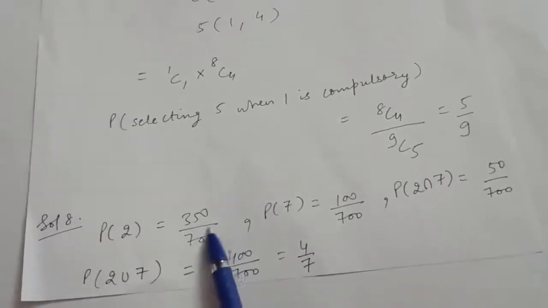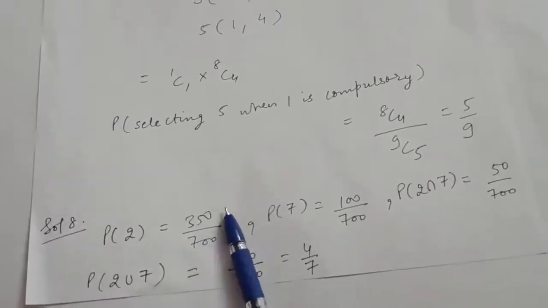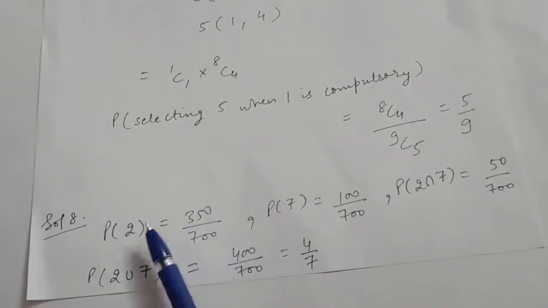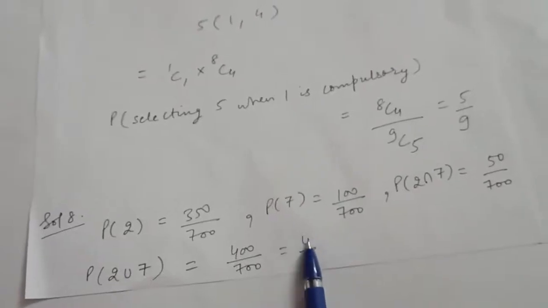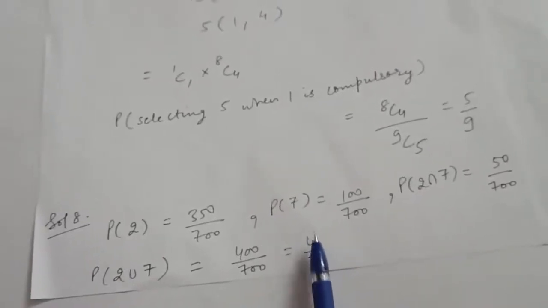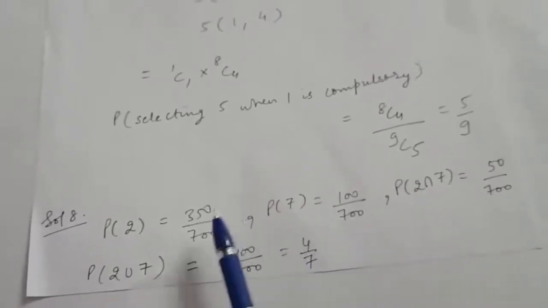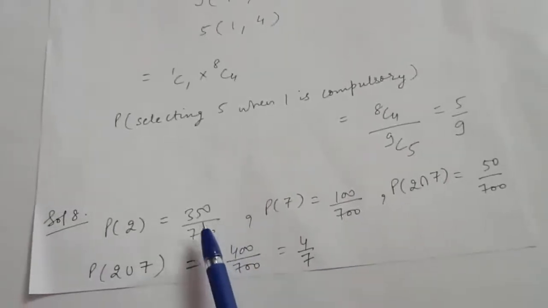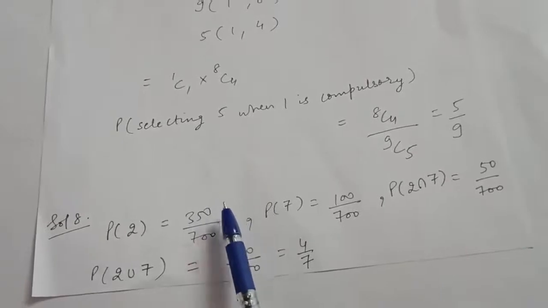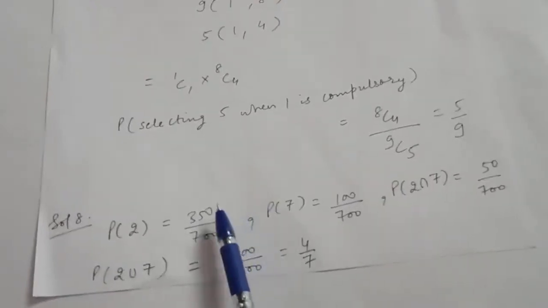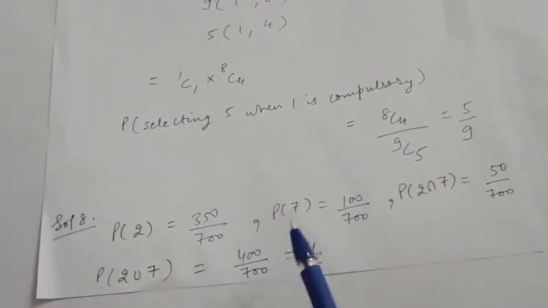Because total outcomes are 700 and there are 350 numbers which are divisible by 2. Yes, I have written it in a short way just to explain you, but it is a 2 marks question, so you have to write down these statements also, that total outcomes are 700, favorable, that is the numbers from 1 to 700 which are divisible by 2, are 350.